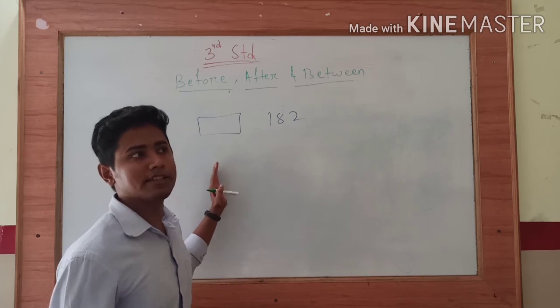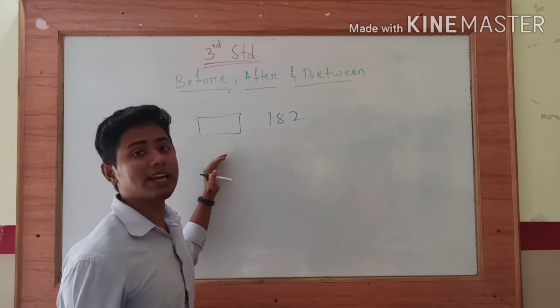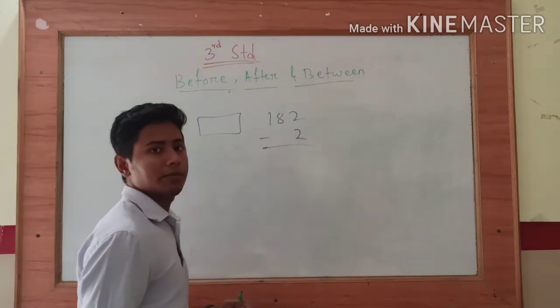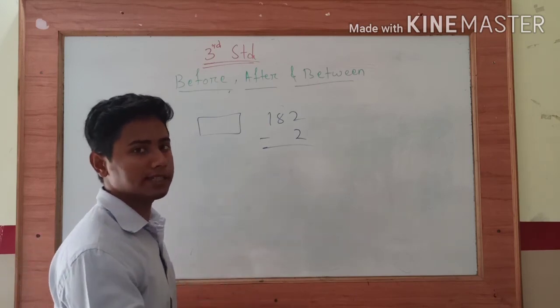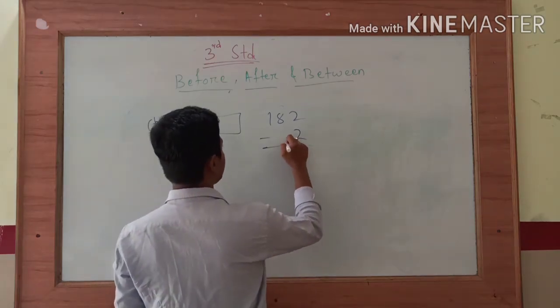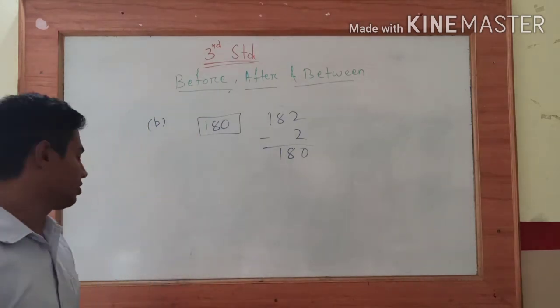Why? Because there is not given any count by 2 or 3 like this. So here it is given count by 2. So I subtract 2. Why do I subtract here? Because you have to find the before number. To find the before number, we subtract. To find the next number, we add. So 2 minus 2 is 0. Here 8. Here 1. So this is 180, the answer. So next question.